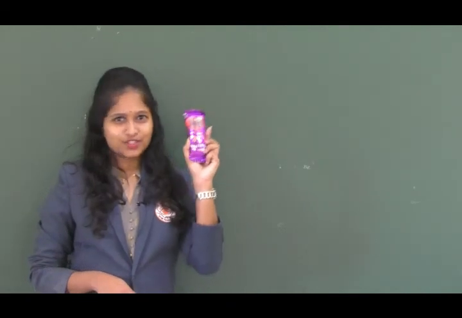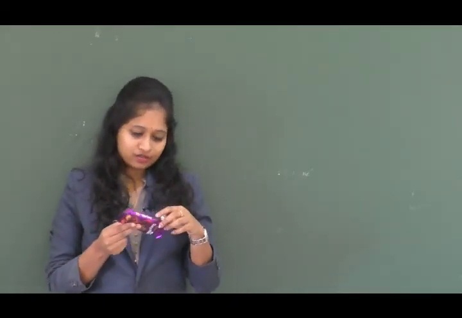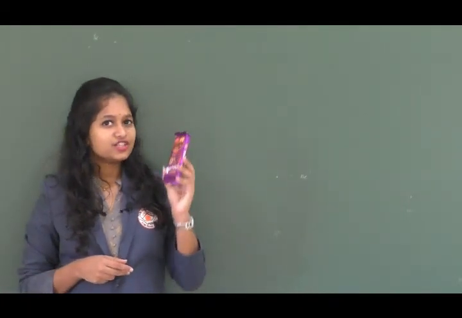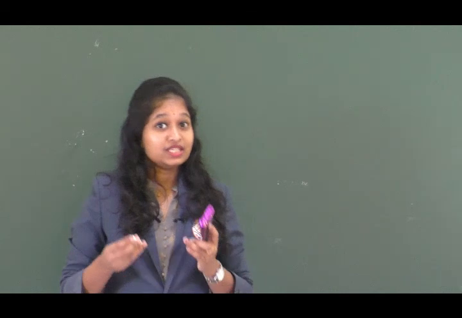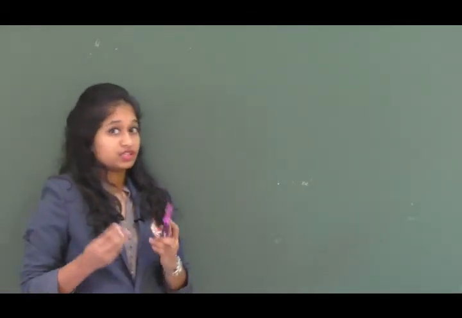Do you like chocolates, children? I have a chocolate with me and the cost is rupees 70 for one chocolate. If I need 10 chocolates, how much should I pay? 70 plus 70 plus 70 10 times, isn't it? What is that? It is 70 into 10. 70 adding 10 times is equal to multiplying 70 with 10.